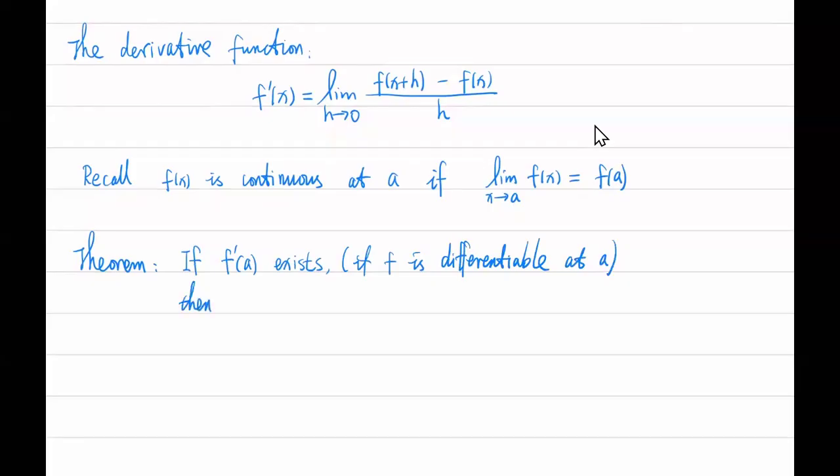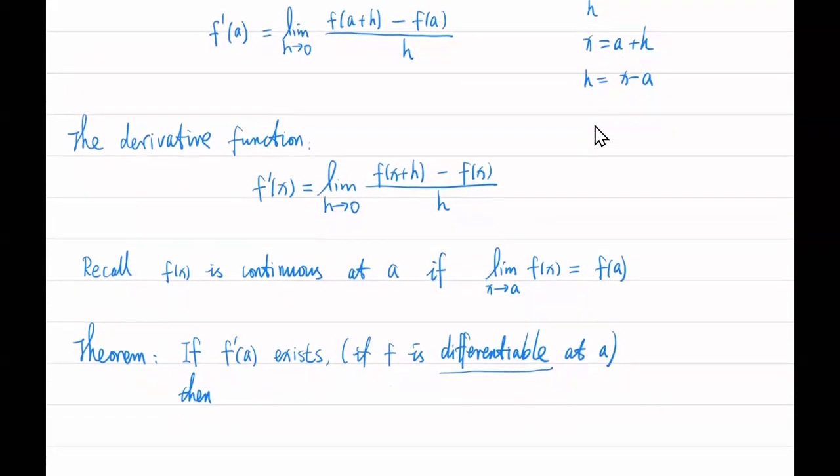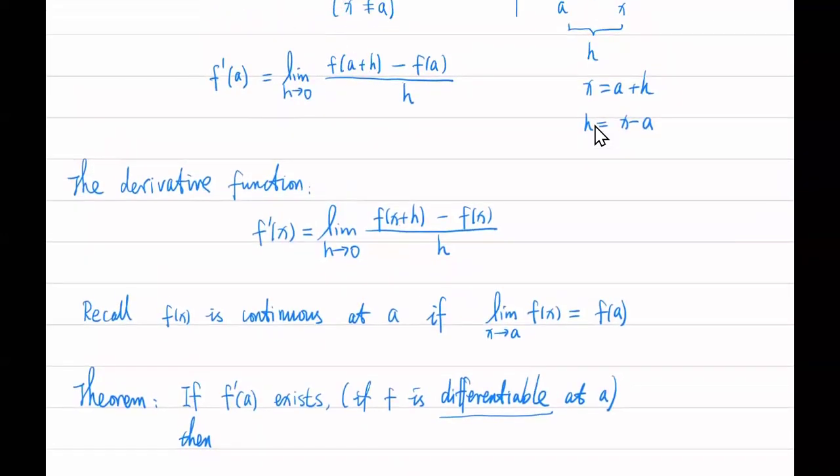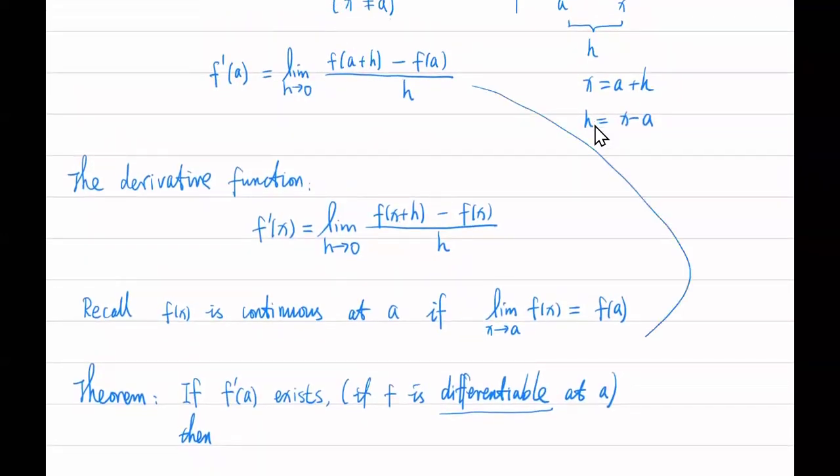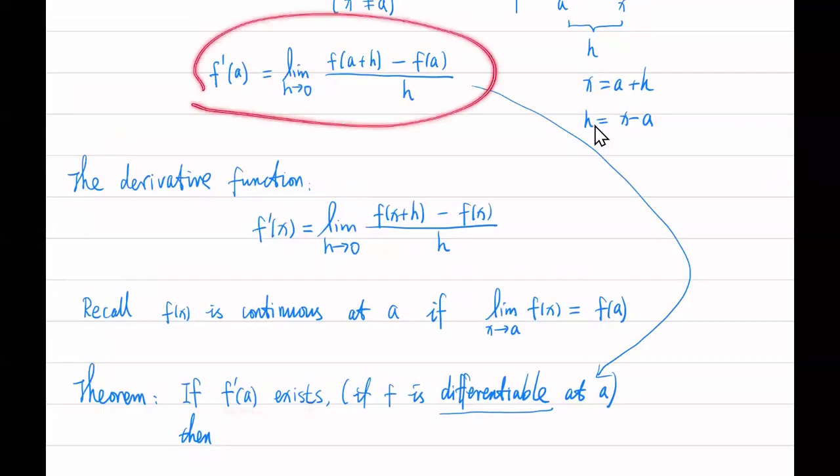Yeah, so it's the same as in this case, it has a derivative at x. So this limit exists. If the derivative exists, this one either exists or it doesn't exist.